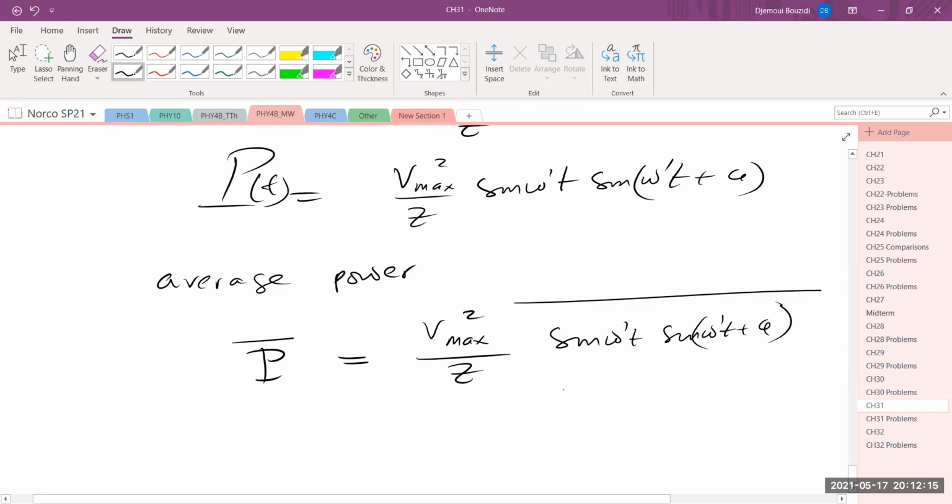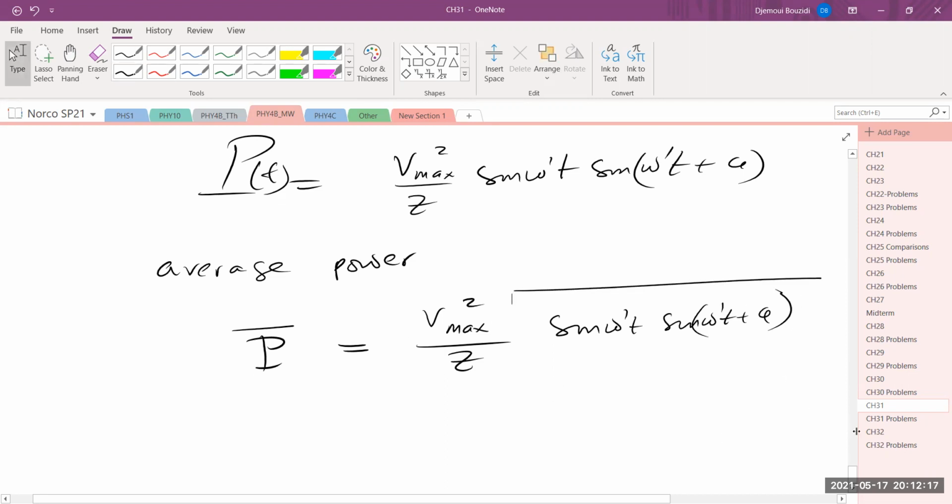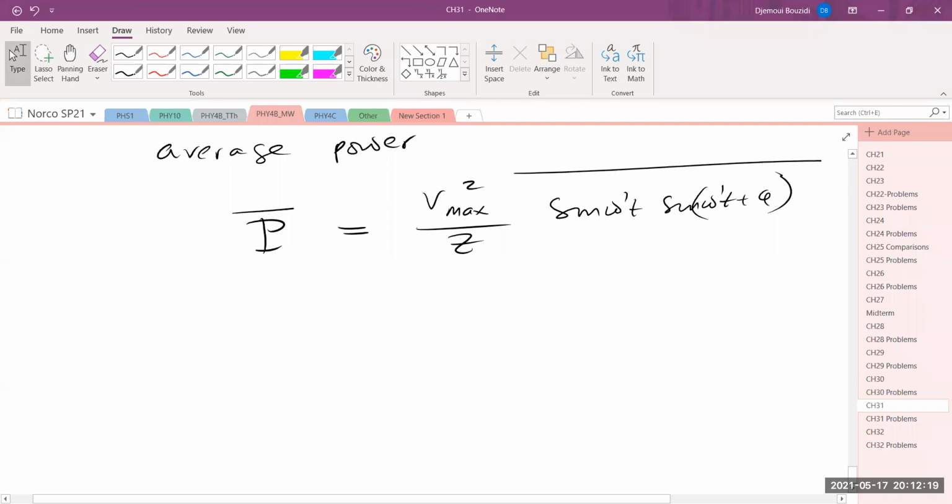Here is how the average is defined: it's 1 over the period, the integral from 0 to a period, of dt. So I multiply by 1 over the period and sum through a whole period.